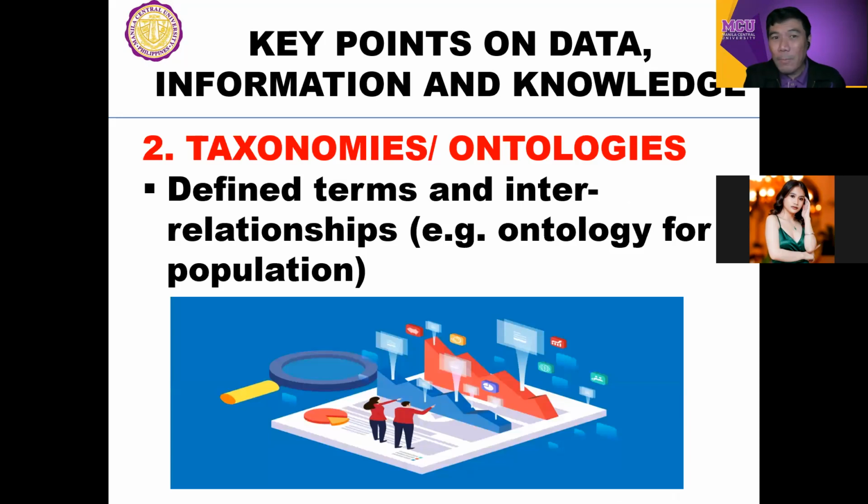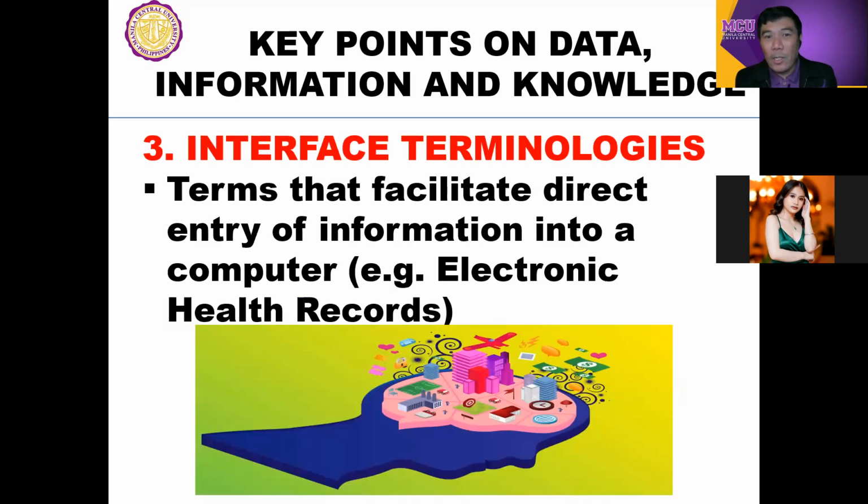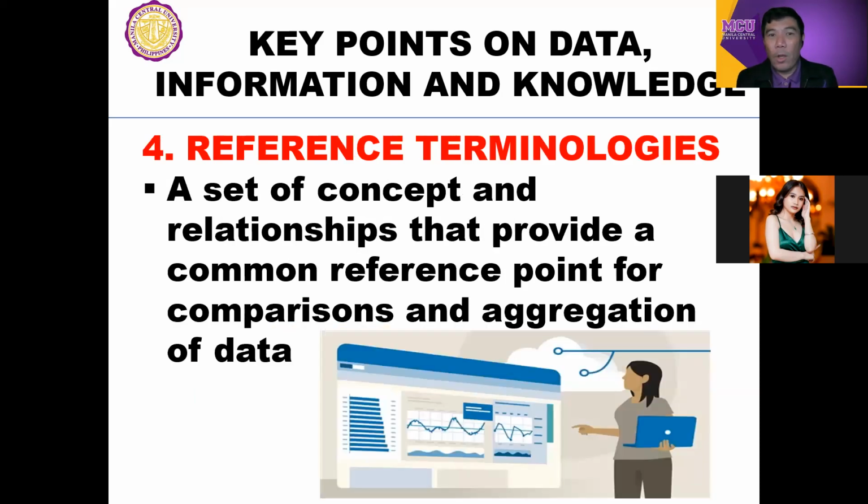So, yung RX, may intindihan ito by taxonomy ng allied health science, doctors, pharmacists, nurses. When it comes to interface terminologies, this is basically on how you will enter information based from the data. Then reference terminologies are already established sources, web links.